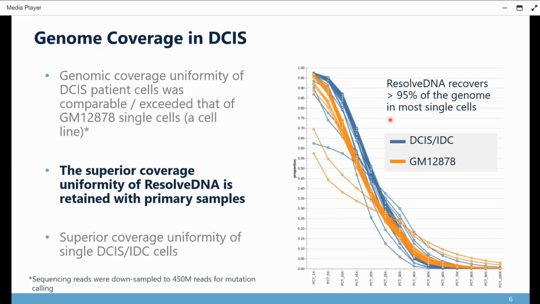We are recovering with Resolve DNA more than 95% of the genome in most single cells. And importantly, this coverage uniformity is happening in primary samples as well as cell lines.